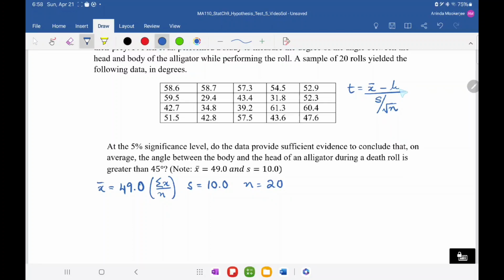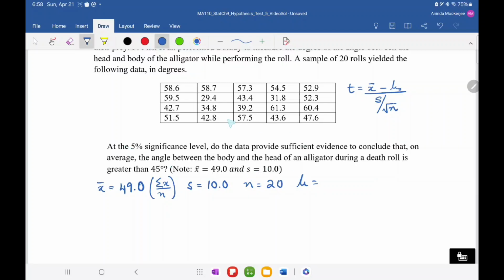Now this mu, or mu sub 0, is the null hypothesis mean. So let's see what that value would be. What's the null hypothesis mean? Because that's not given to us. It's not obvious to us yet.